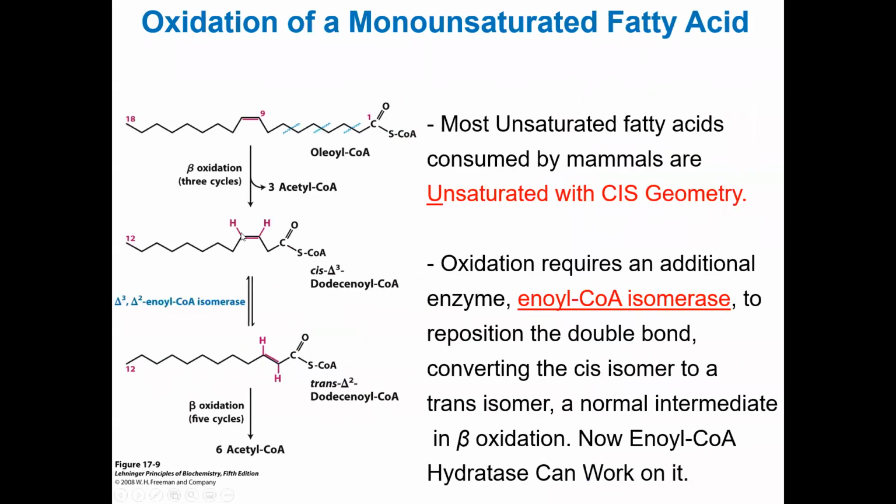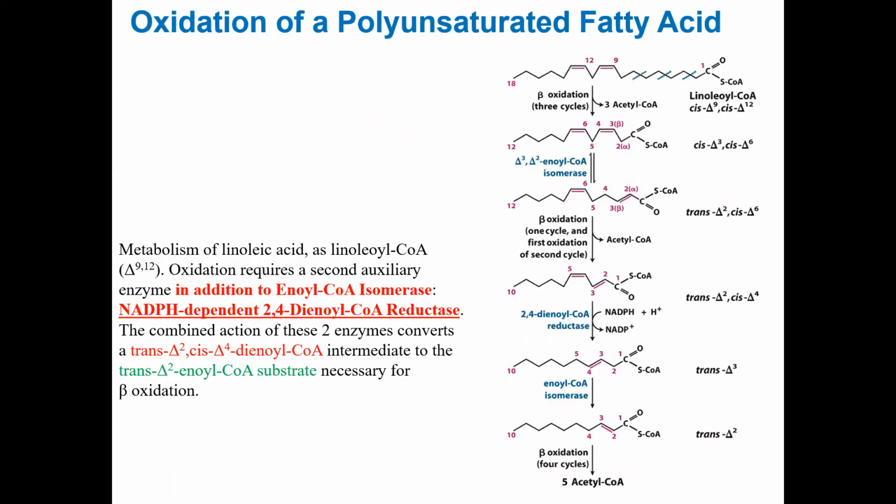Yeah, enoyl-CoA isomerase, if you look here, it actually takes the cis bond between carbon number 3 and 4, and makes a double bond between carbon number 2 and 3, right? That's what enoyl-CoA isomerase does. But enoyl-CoA isomerase can also take slightly different isoforms, can actually take the trans 3,4 double bond or trans delta 3 activated fatty acid and convert it to trans delta 2. And so that's what it does.